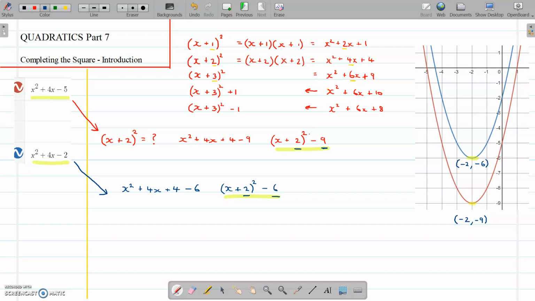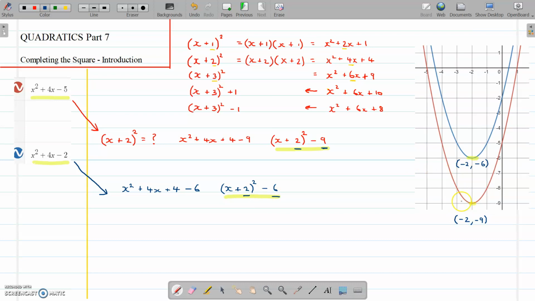So the smallest thing that you can square to get the smallest answer, if you like, is 0. So what we're really saying here is, what causes this bracket to be 0? Well, it's -2. And what causes this bracket to be 0? It's -2. So that's how this negative comes about here.